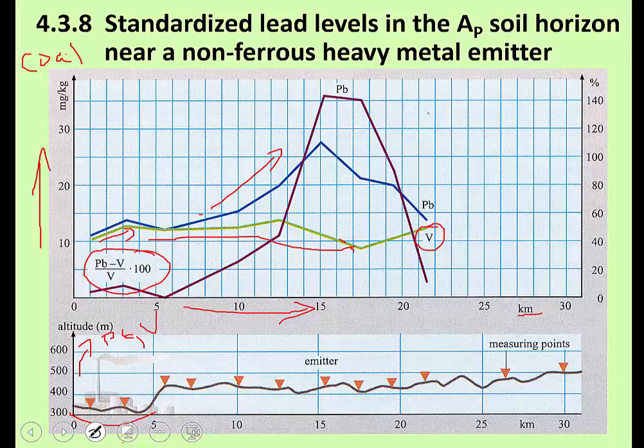And so you can see that kicking in right here, at about 12.5 or 13 kilometers, we start to see this spike. We get a change in the inflection, and we see a spike in the amount of lead. That is the lead coming from the emitter. So we can see that the emission is being carried and then deposited right about here. These are the points at which they measured and took data.